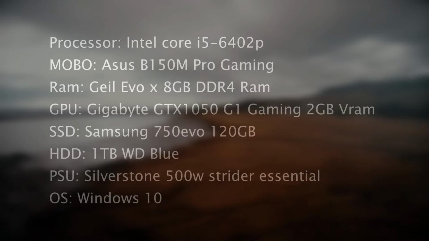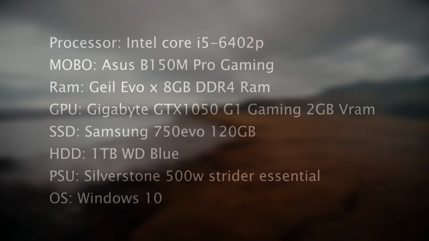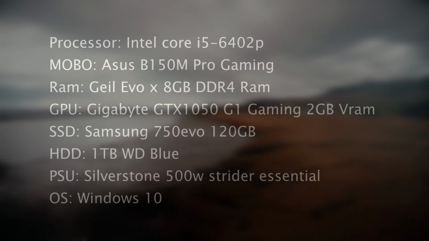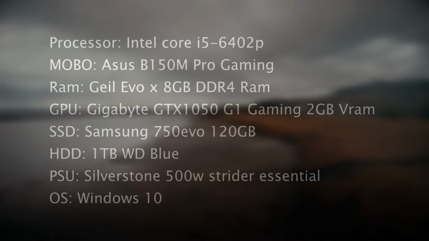I'll be using an SSD as my boot drive, on which I'll be installing my operating system, Windows 10, for faster performance. And for additional storage, I'll be using a Western Digital 1TB Blue hard disk.